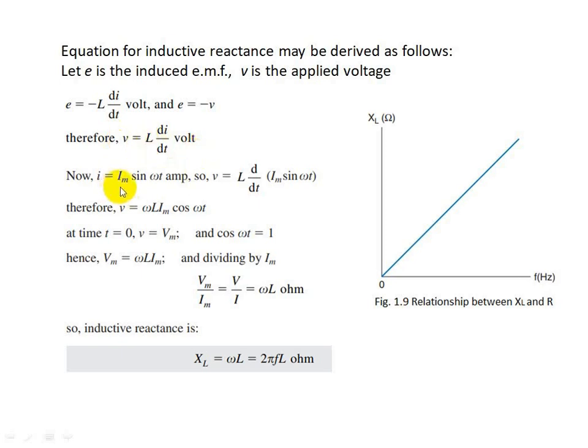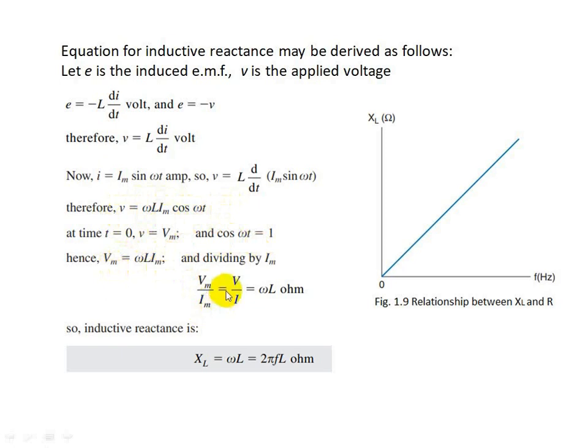Now substitute i equal to Im sin omega t and differentiate with respect to t. You get the equation for V as omega L Im cos omega t. This value becomes maximum when cos omega t equal to 1. So when cos omega t equals 1, the voltage becomes V maximum. Therefore Vm is omega L Im. If you want to get the inductive reactance, divide Vm by Im.